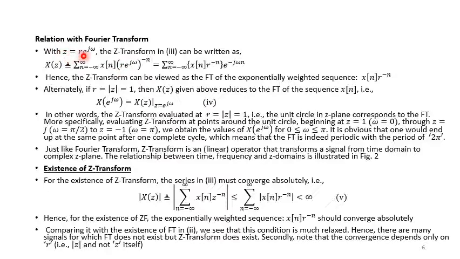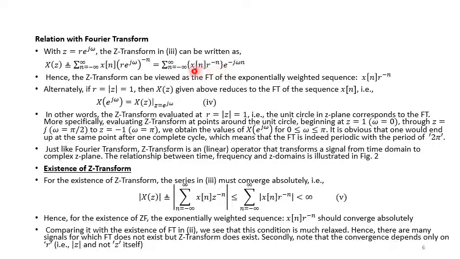If we write z equals r e^(jω), then we can say X(z) is the summation, n running from minus infinity to infinity, of x(n) (r e^(jω))^(-n). We can bring it together and say x(n) multiplied by r^(-n), and multiplied by e^(-jωn).